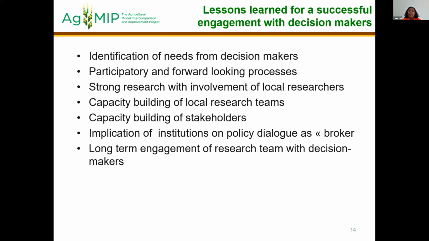This process really needs to be participatory, forward-looking, and iterative. To make this process fruitful and interesting for the decision makers, we need to have a strong research with involvement of, as I was saying, local researchers. So to do so, we need capacity building of this local research team, but also capacity building of stakeholders.